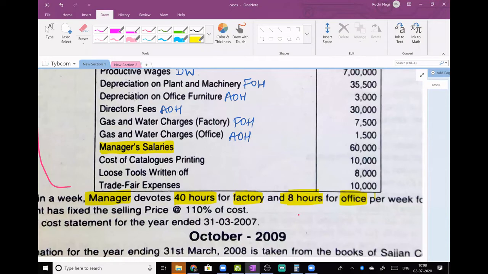So can I say the ratio, factory is to office, 40 is to 8. 8 ones are 8, 8 fives are 40. So my ratio is 5 is to 1. So my manager's salary will be divided in factory and office. This will be 5 by 6. This will be 1 by 6.